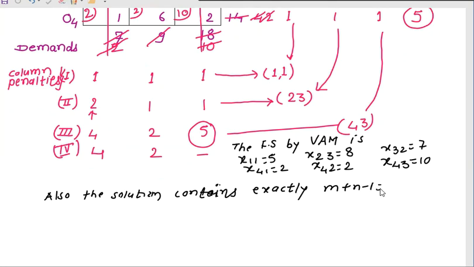m plus n minus 1. m is the number of rows, n is the number of columns: 4 plus 3, 7 minus 1 equal to 6. So the solution contains exactly 6, that is m plus n minus 1, positive allocations. So therefore it is a basic feasible solution.